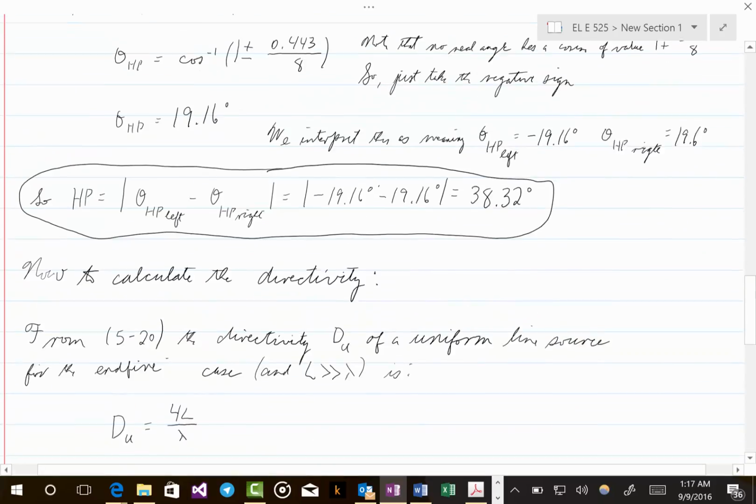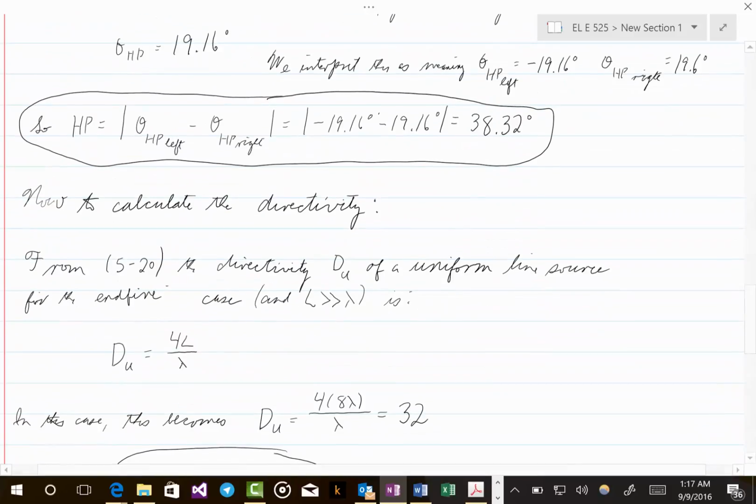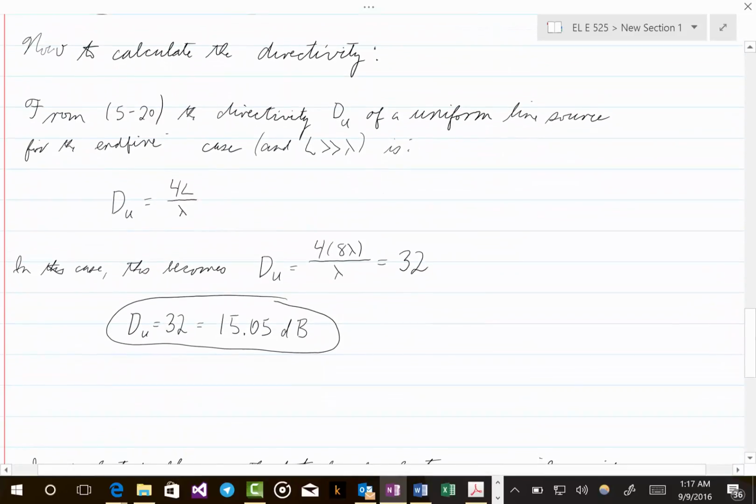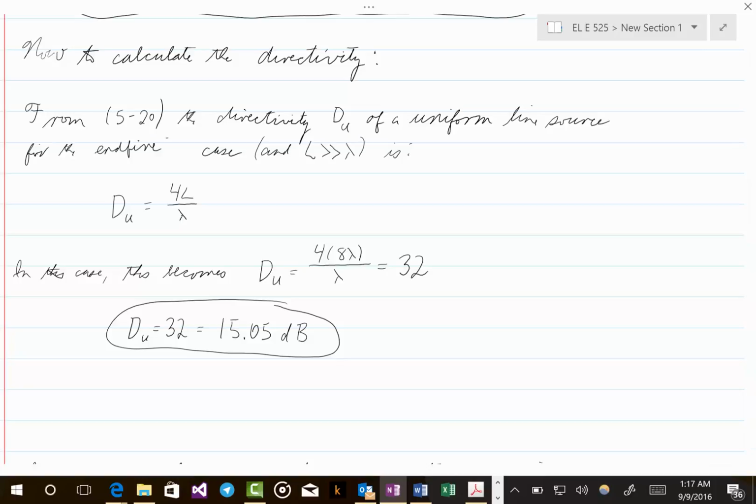So now, what about the directivity? Well, for the end fire case, the appropriate equation to use for uniform line source is equation 5-20. And the directivity D sub u in this case, where again we're assuming that L is much greater than lambda, is D sub u equals 4L over lambda.